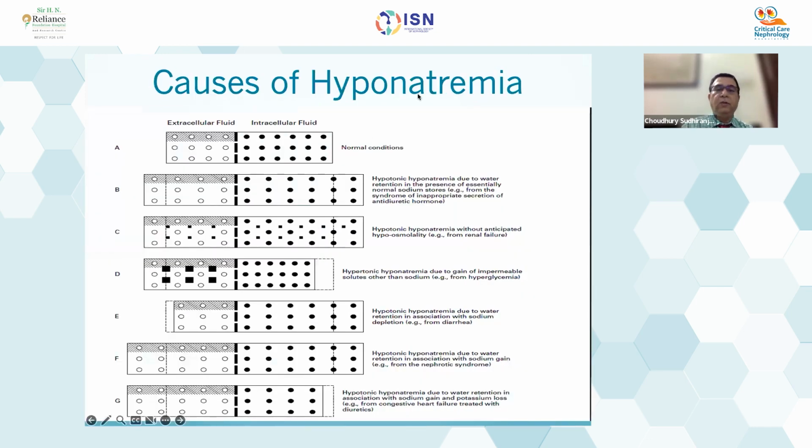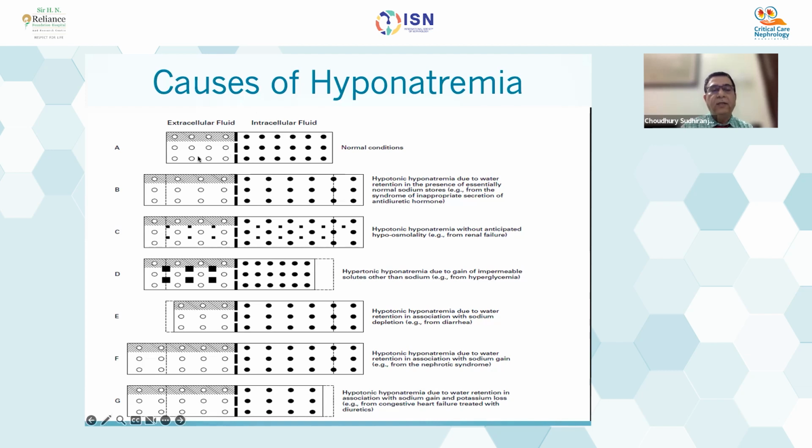Next, coming to the causes of hyponatremia, I'm just going in brief, since everybody might not be familiar with the concepts, how it has been represented in pictorial form. It is one of the very famous articles, the NEJM article from 2000 by Dr. Nicholas Medius. Here we have the extracellular fluid and intracellular fluid.